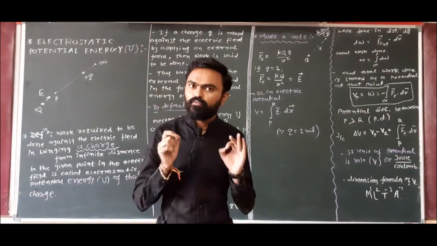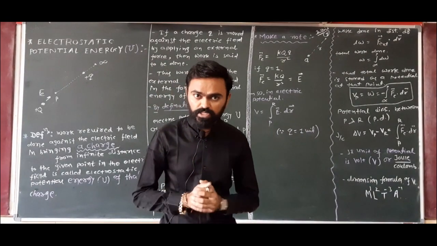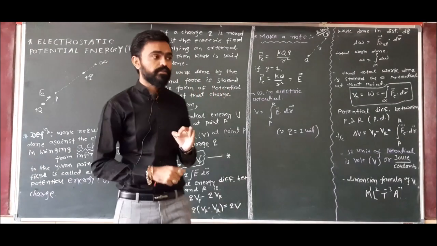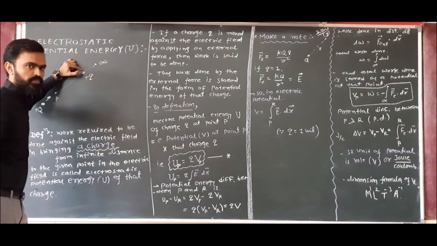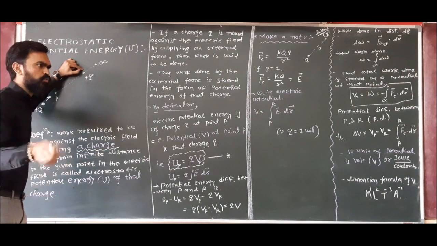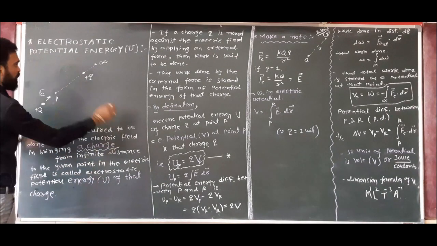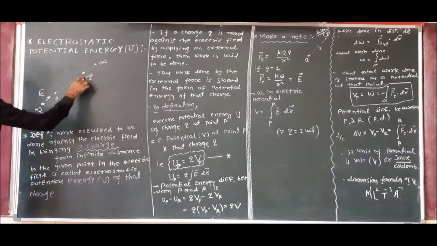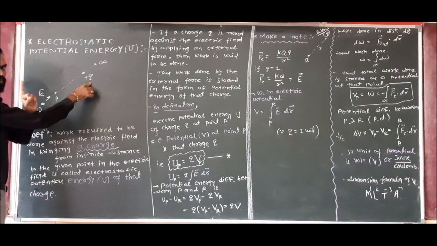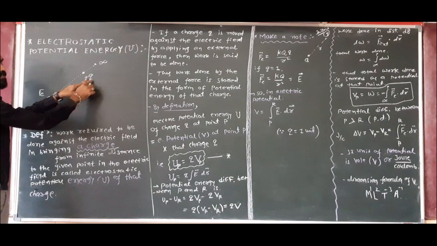In practice, sometimes we have Q with some finite value, 1 coulomb, 2 coulomb, 3 coulomb, whatever. What if this test charge has some value? Then if you bring this charge Q, remember, this is not 1 unit now. This is simply Q.